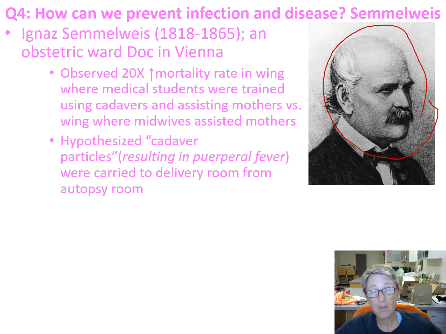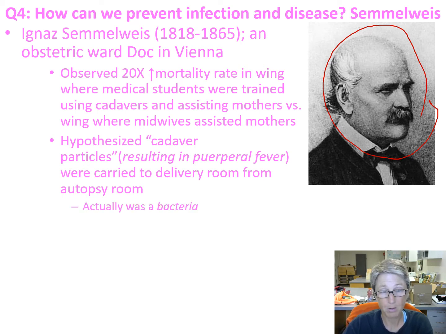And he hypothesized that there were these things called cadaver particles. They were microbes, but he called them cadaver particles that would result in puerperal fever in these women. They were carried from the autopsy room to the delivery room. I'd say it was a bacteria.